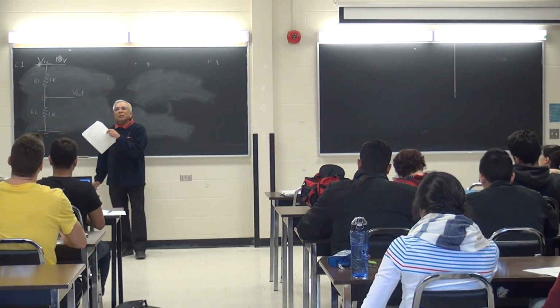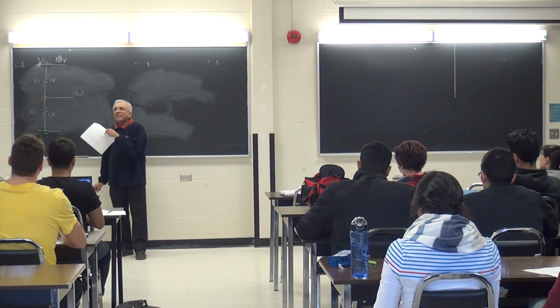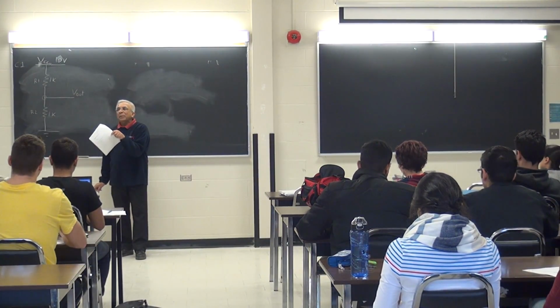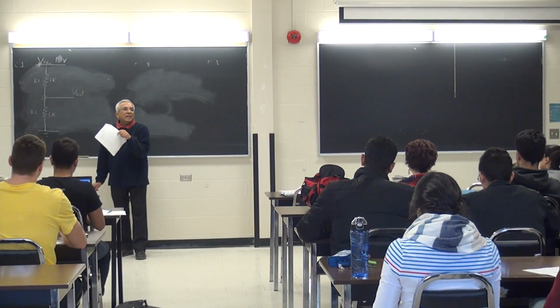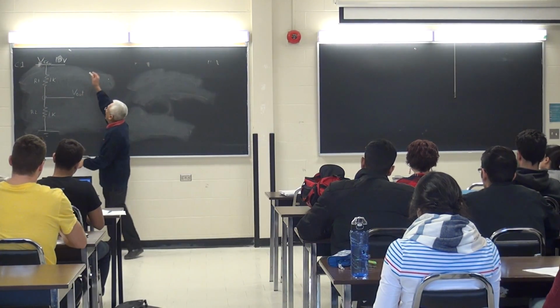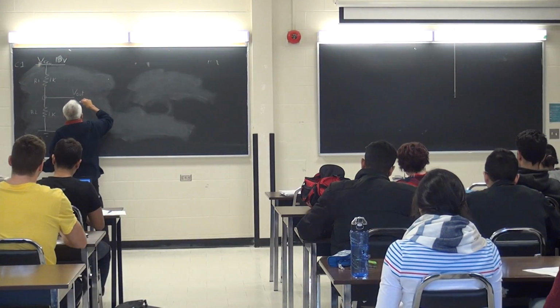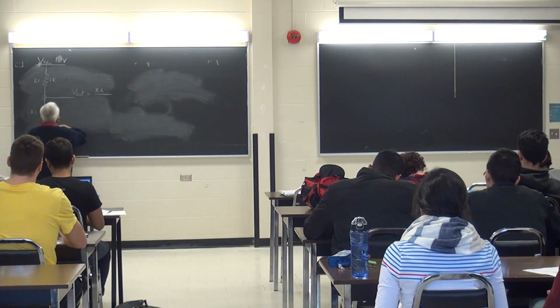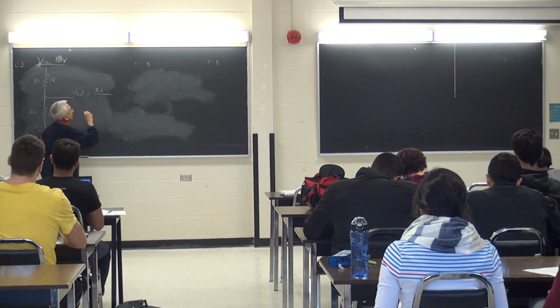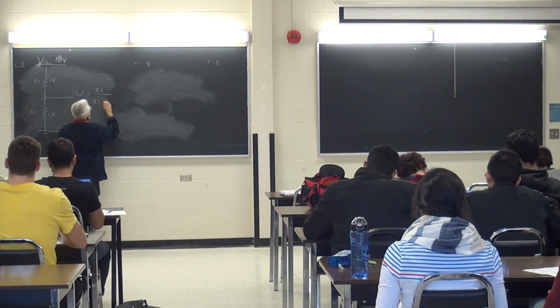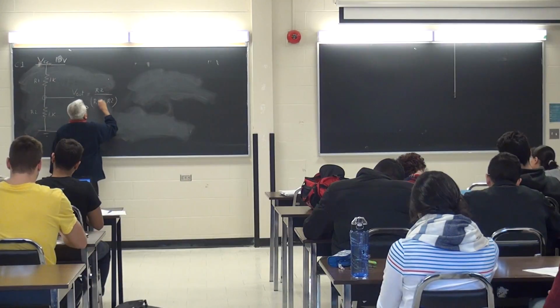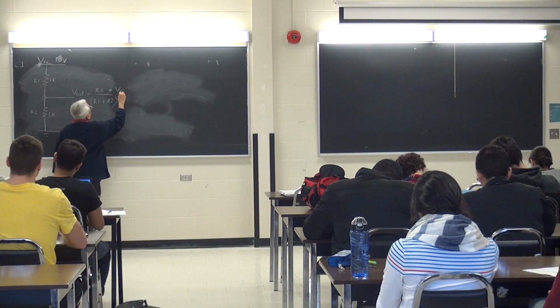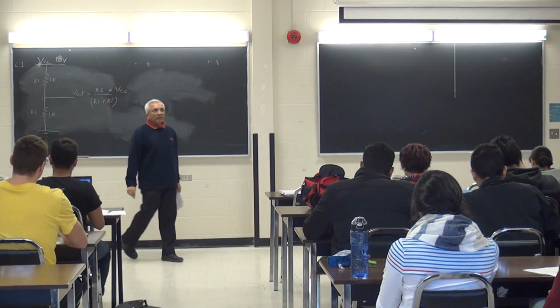The equation of the voltage divider is probably as important and as widely used as Ohm's law. So V out in this case is R2 over R total, R1 plus R2, times VCC. You've seen this before, right?